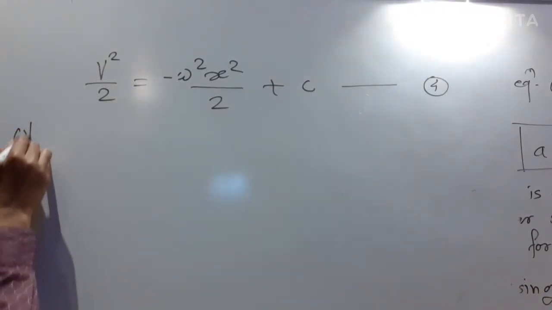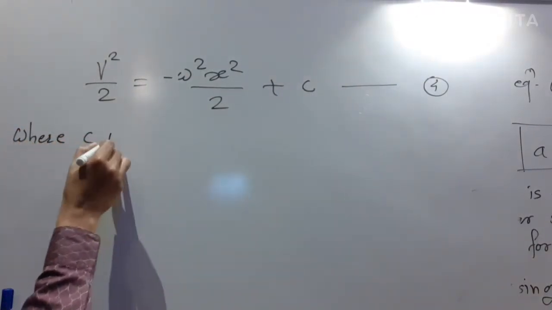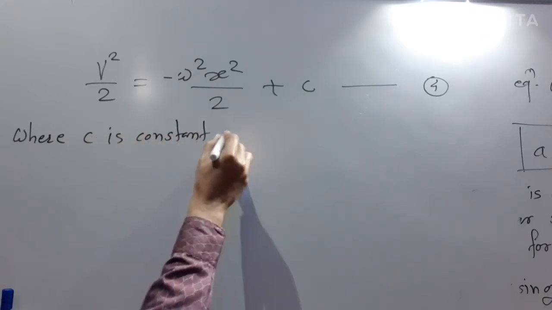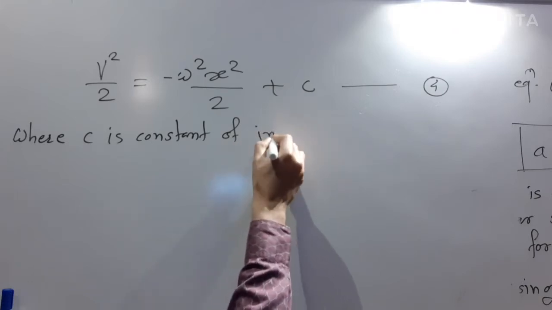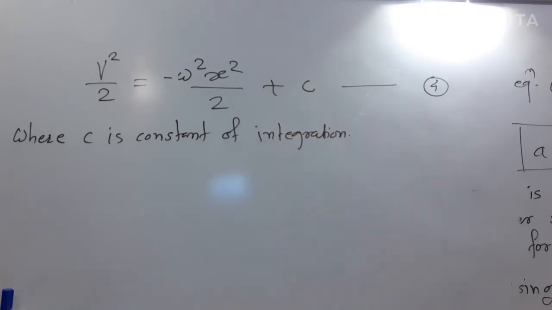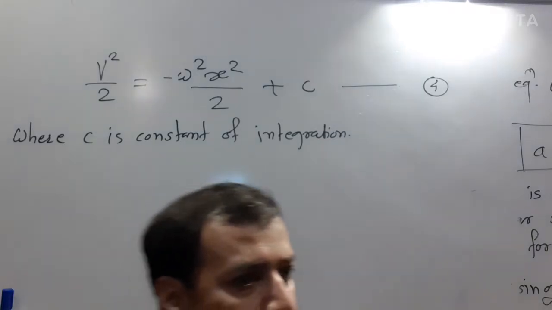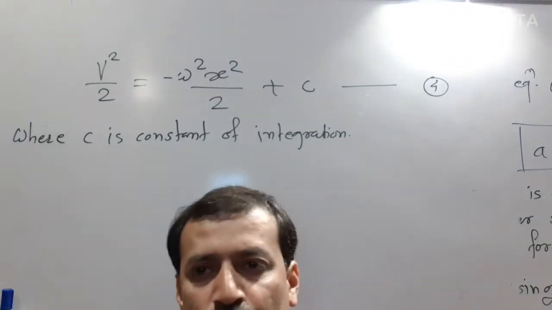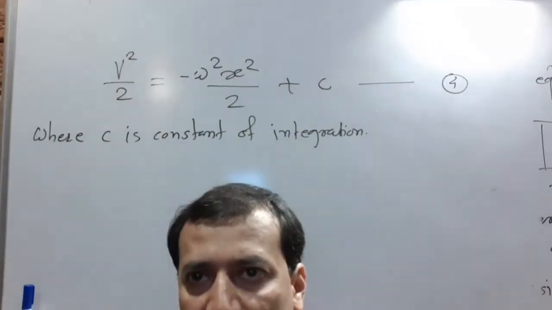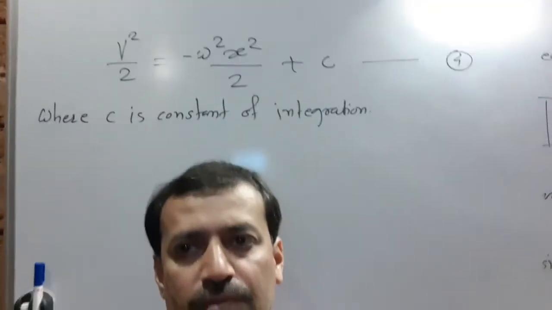Write down, where c is the constant of integration, because we don't know from which point to where we are going to integrate, and so the constant arises at this point.